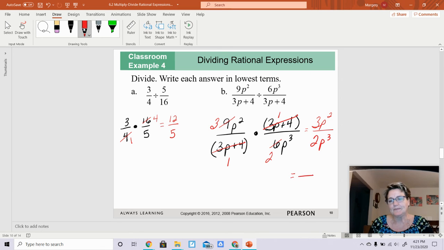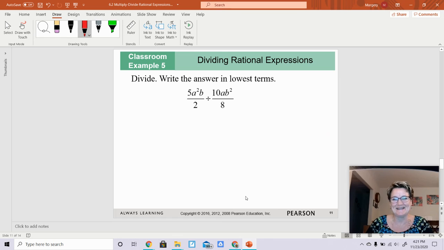So I know I can't do anything with the 3 and the 2, but p squared divided by p cubed is p to the negative first power. 2 minus 3 is negative 1. We cannot have a negative exponent, so I'm going to bring it to the bottom, and it becomes positive. And there's your answer, 3 over 2p. All right, been a crazy morning.